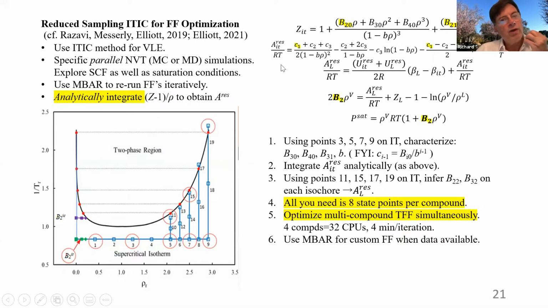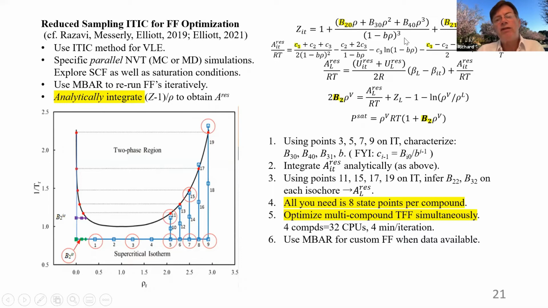Well, we know how to do the integration of the Helmholtz energy from the compressibility factor. We know more about that than a piecewise quadratic polynomial. We know it has some sort of functional form like this.